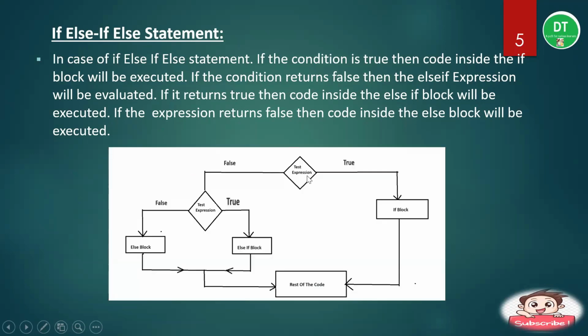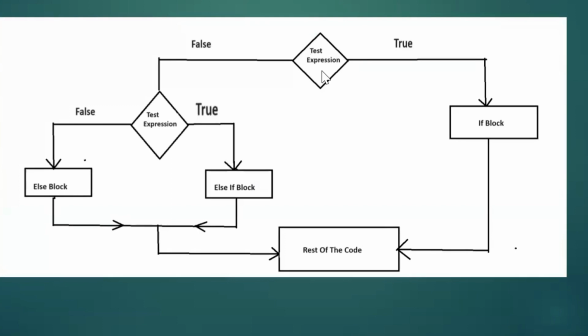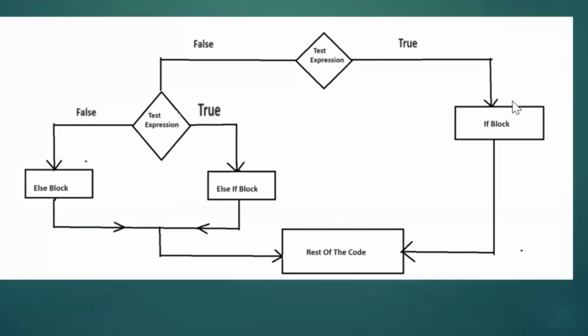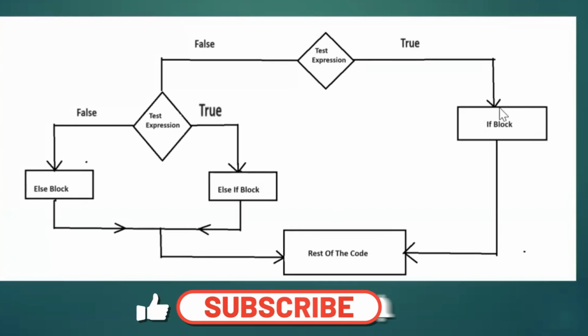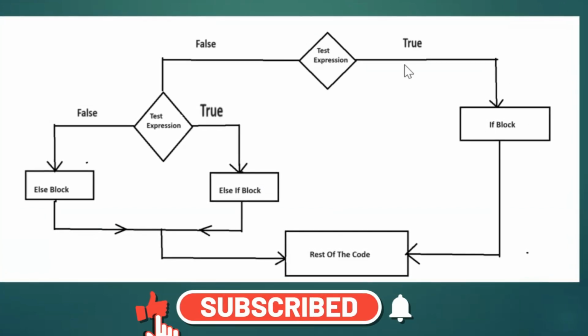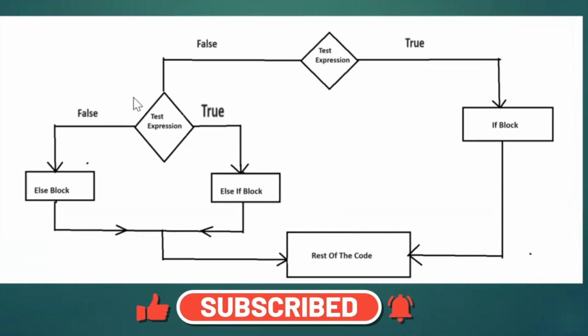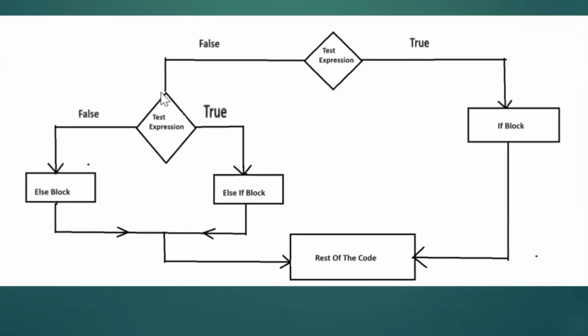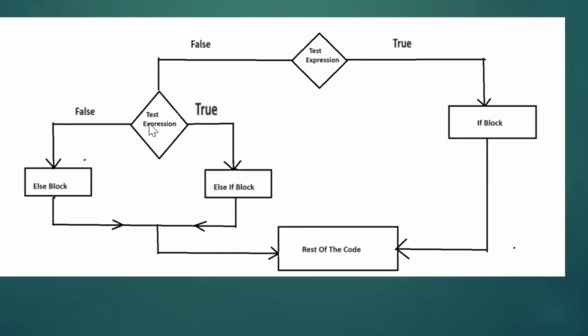In the figure, you can see that for the condition, the expression is checked. If it returns true, then the compiler will go to the if block and it will execute the code present inside the if block. If the condition returns false, then it will go into the else if side and it will check the condition present in the else if.